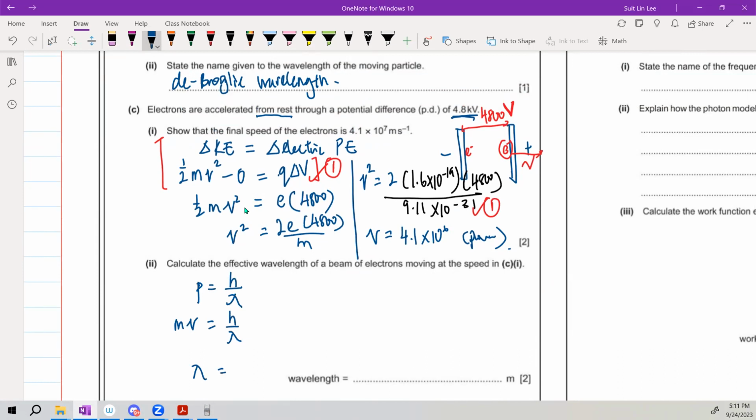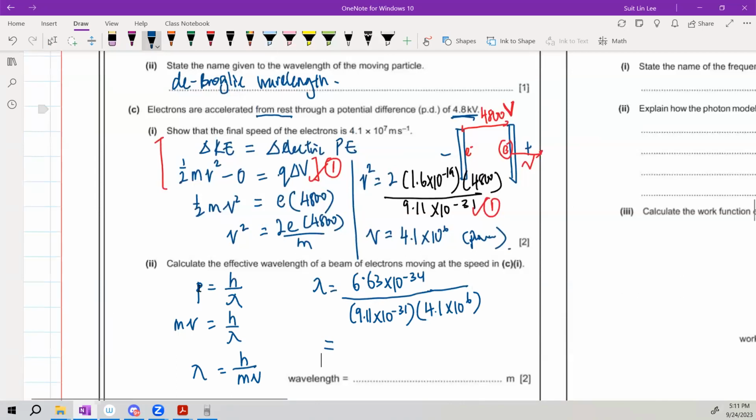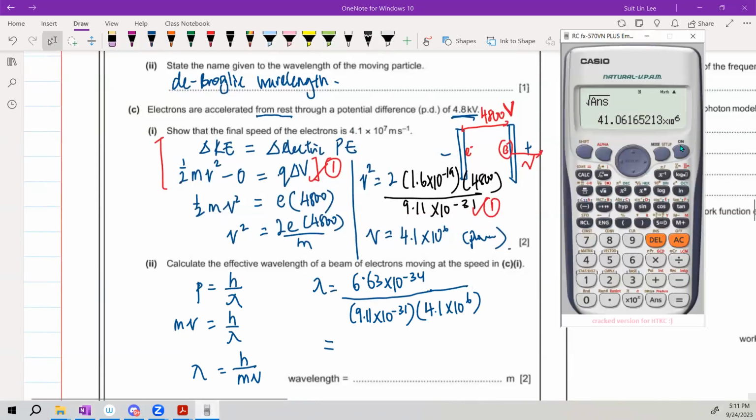I want to look for lambda anyway, so I'll just rearrange: h over mv. So 6.63 times 10 to the power of negative 34 divided by 9.11 times 10 to the power of negative 31 times the speed. Even if you can't prove, you could use the speed, 4.1 times 10 to the power 6.